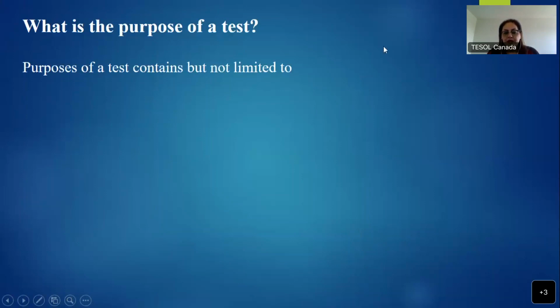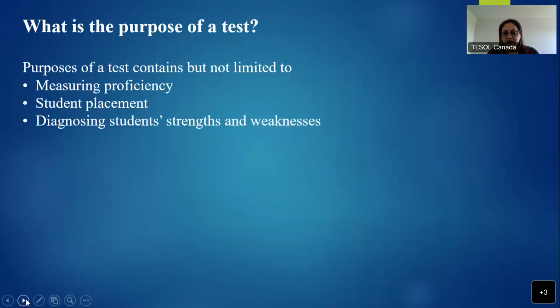Okay, so what is the purpose of a test? Definitely measuring proficiency, student placement tests, diagnosing students' strengths and weaknesses. We have different types of exams, like achievement tests.